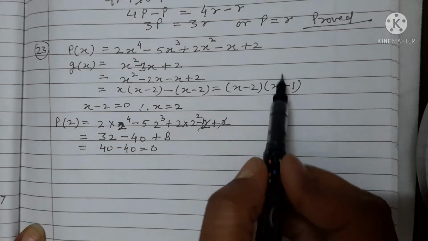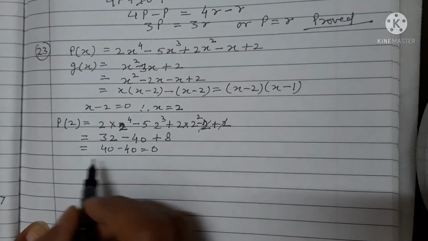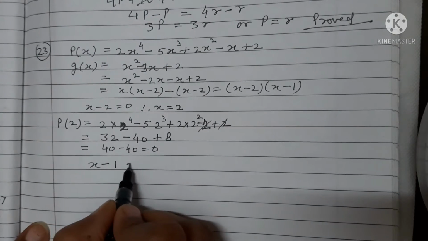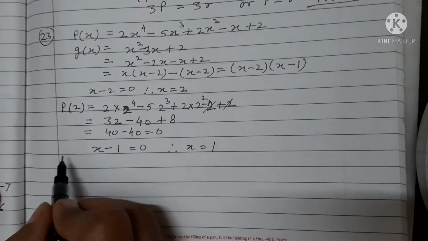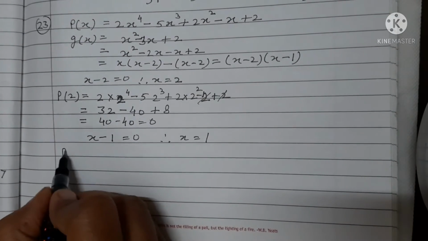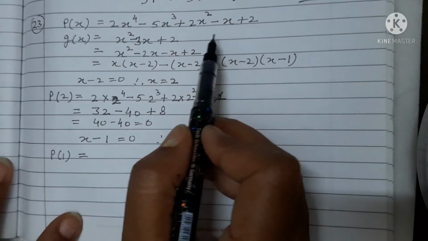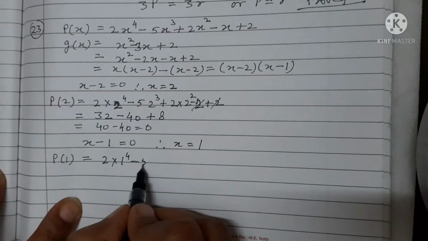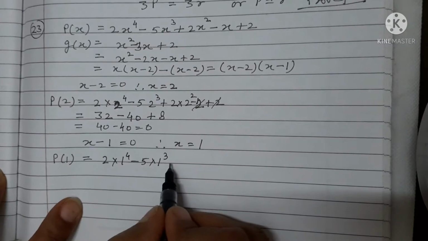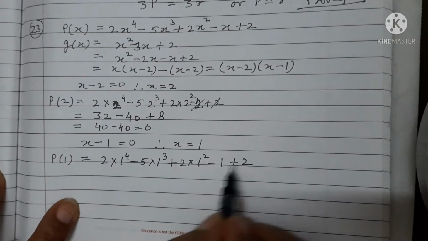So p(2) is equal to 0. Now substitute the value from x minus 1 is equal to 0, therefore x is equal to 1. Get the value p(1) from the polynomial: 2 into 1 to the power of 4 minus 5 into 1 cube plus 2 into 1 square minus 1 plus 2.